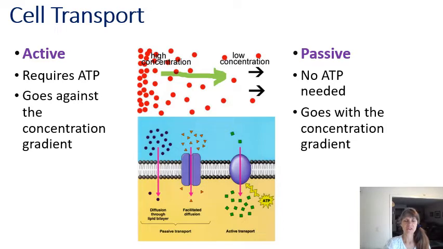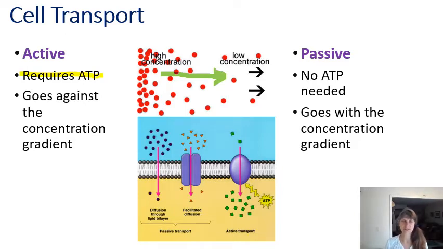With active transport, that is the process of moving substances against their concentration gradient. That requires cellular energy in the form of adenosine triphosphate.